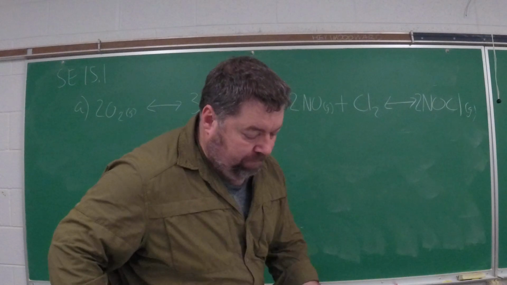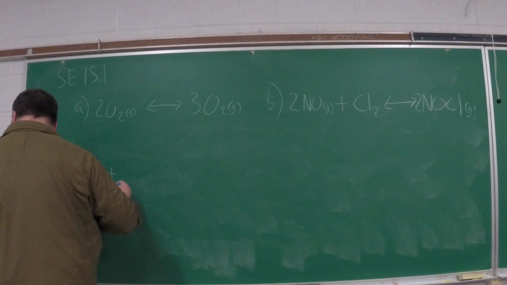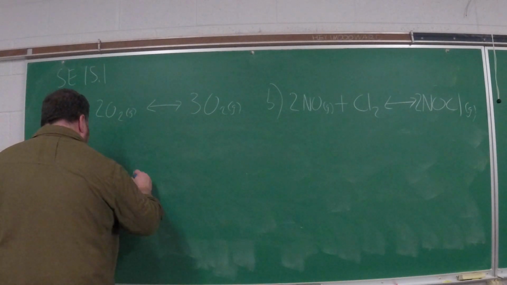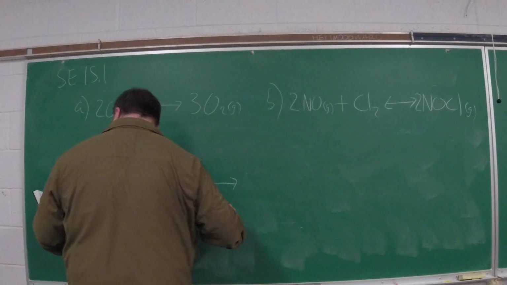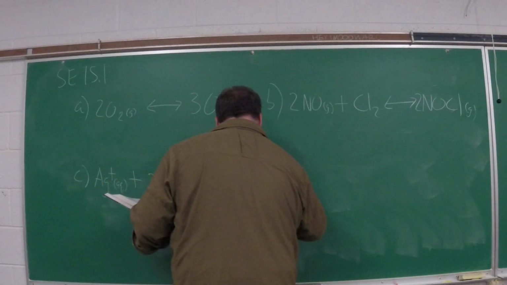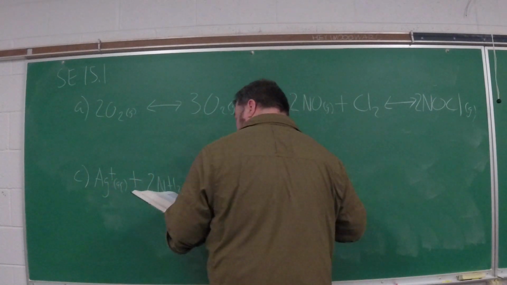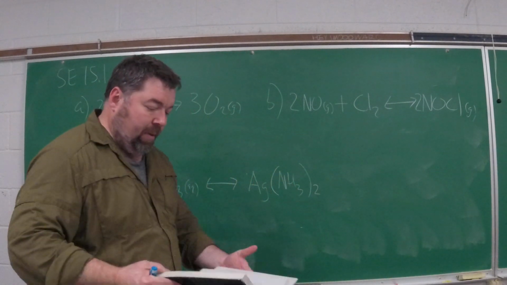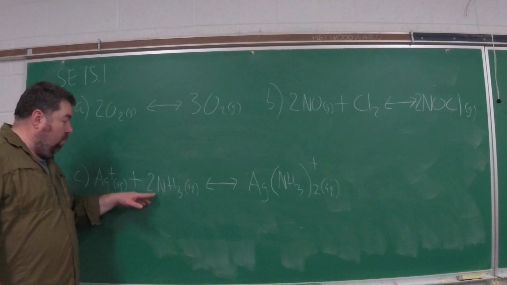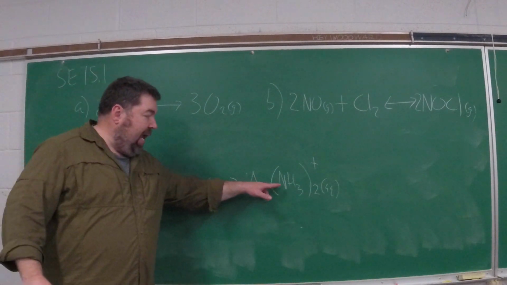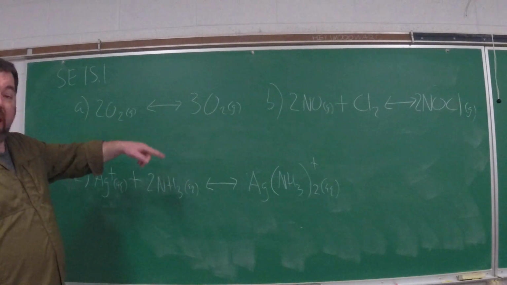We'll take a look at C: silver ion plus 2 NH3 goes to Ag(NH3)2 plus. So take a moment, stop the video, and write out Kc for these.